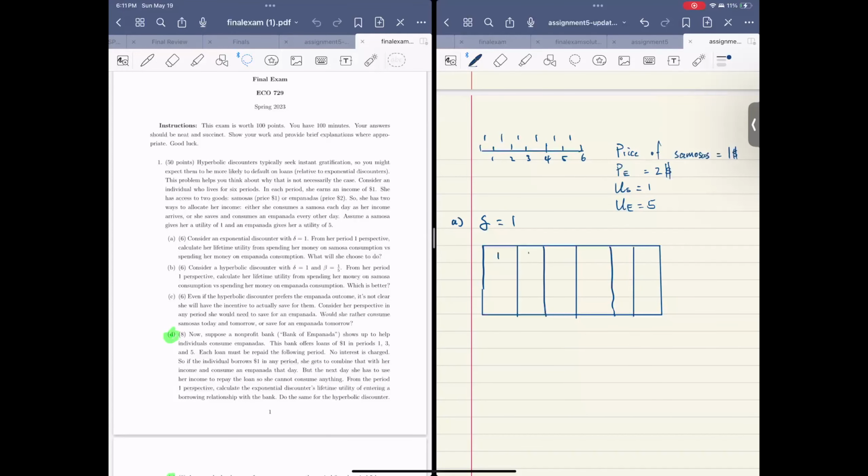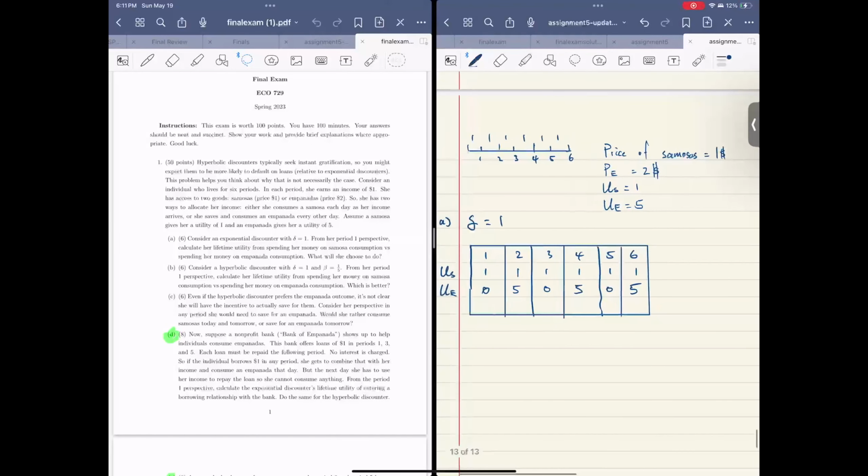Okay, periods 1, 2, 3, 4, 5, 6. If you consume samosa, you'll get 1 unit every single day. If you consume empanada, the first day you will have 0, the second day you have 5 units of utility, and so on and so forth. So our total utility is 6 and 15.